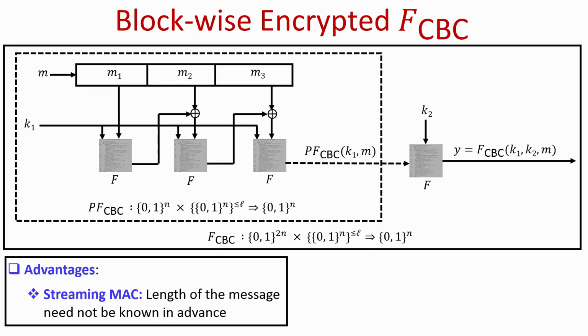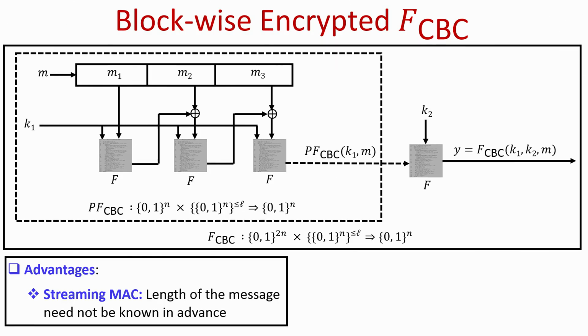Right now we are aiming to construct PRFs which take a sequence of blocks as input and give you a fixed size output, and once we have such PRFs we can use them to obtain the corresponding secure MACs, namely a MAC which takes a sequence of blocks as input and gives you a fixed size tag.